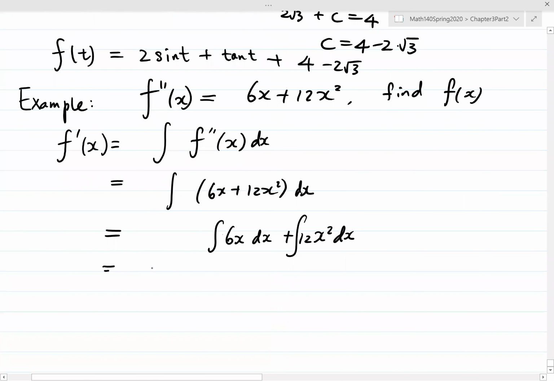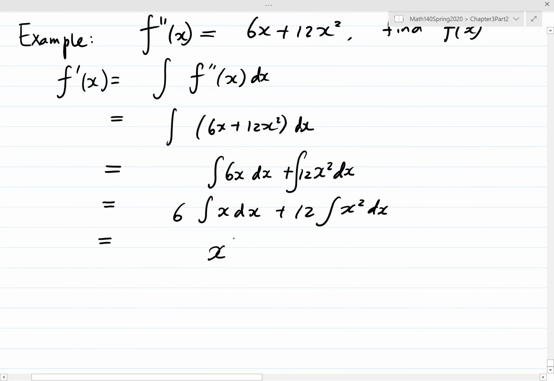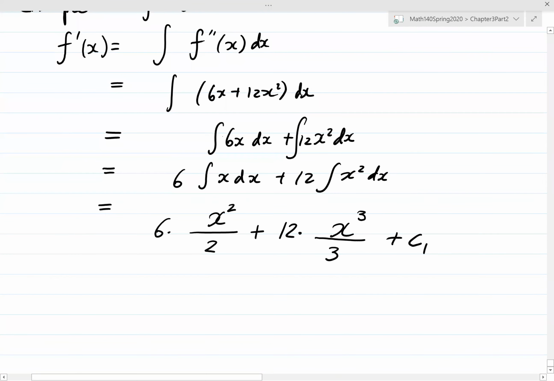Then you factor out the coefficient 6 and the coefficient 12. For x to the power 1, increase the power by 1, so we get power 2, and then divide by 2. For x squared, increase the power by 1, we get 3, and then divide by 3, then multiply by the coefficient 12. Once we are done, we write the constant c1. So we get 6 over 2, which is 3x squared, and 12 over 3, so we get 4x cubed, plus c1. So we get the first derivative.